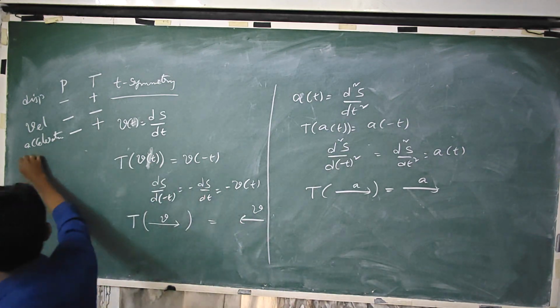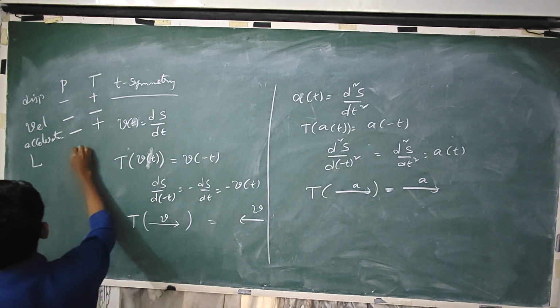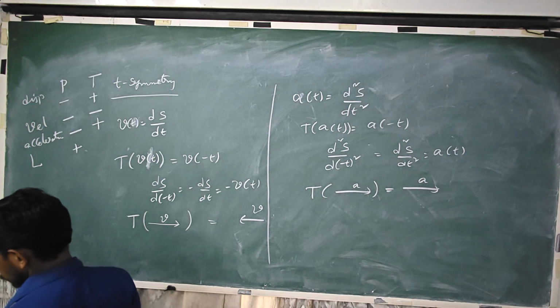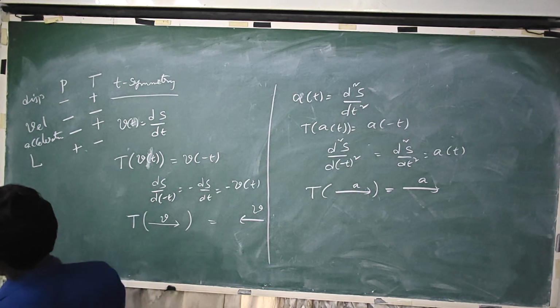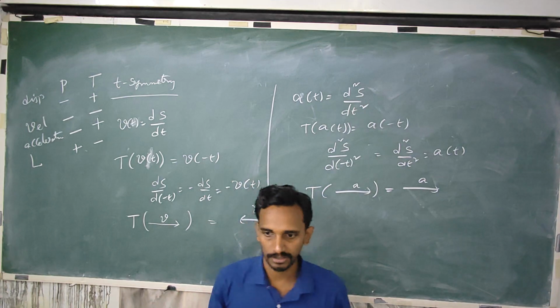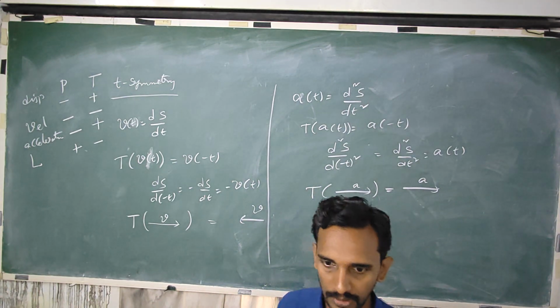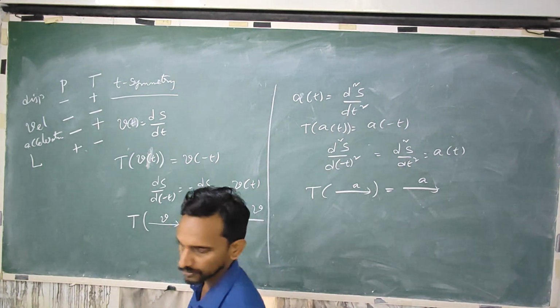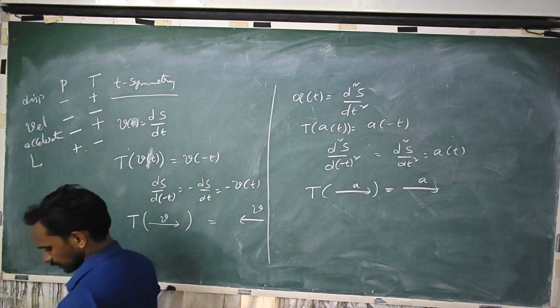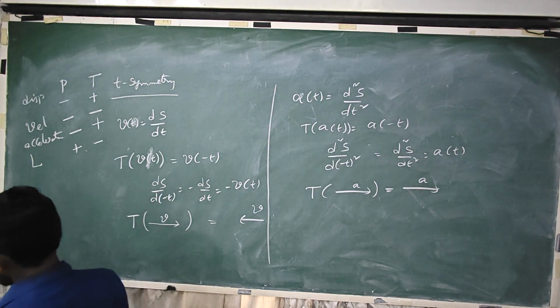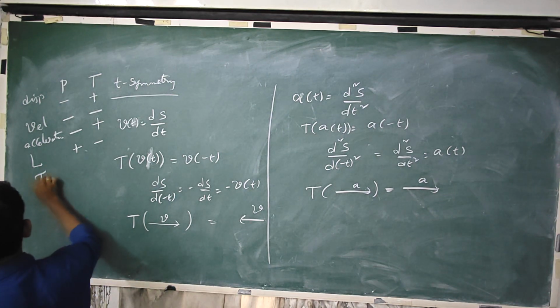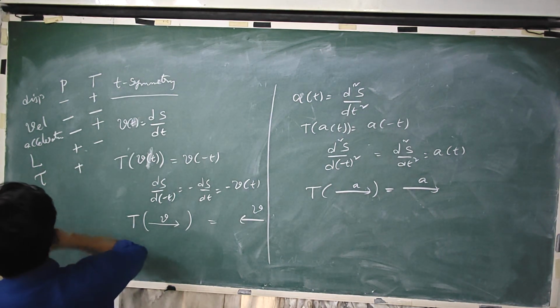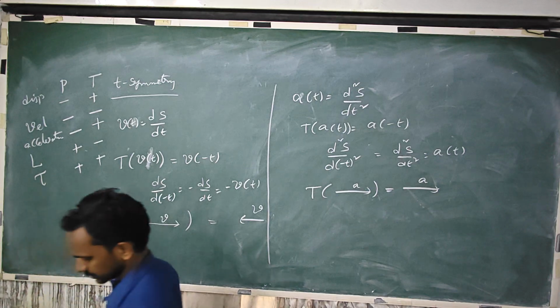Angular momentum, parity positive, T symmetry negative, because this contains only one time factor. The dimension formula for angular momentum is ml square t power minus 1. And torque, parity positive, T symmetry positive.